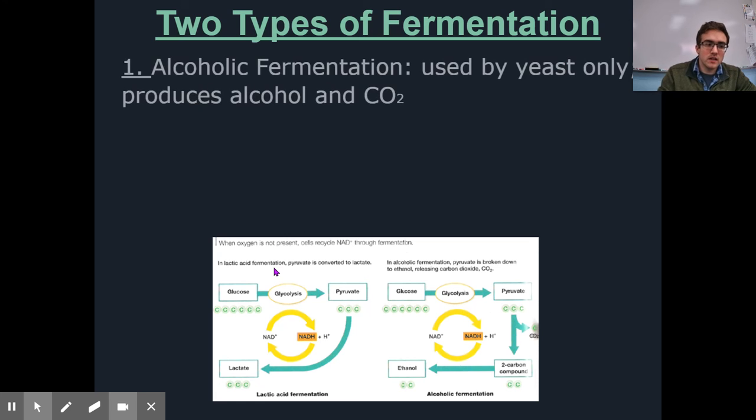There's alcoholic fermentation, which is used by yeast to produce alcohol and CO2. People who make alcohol will add barley or rye or wheat to the vats of yeast, and the yeast will break down the barley or rye and turn that into alcohol and CO2 as a byproduct. So that's alcoholic fermentation that yeast does.